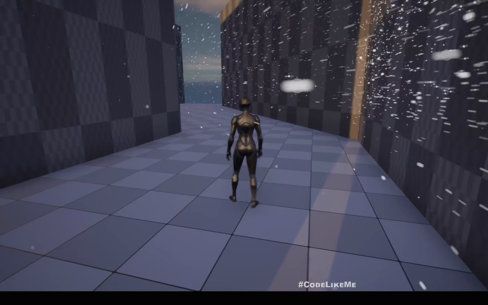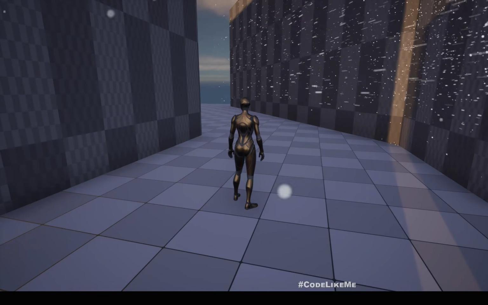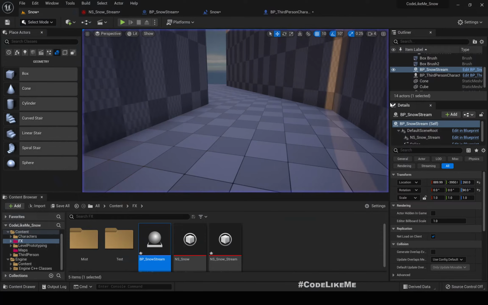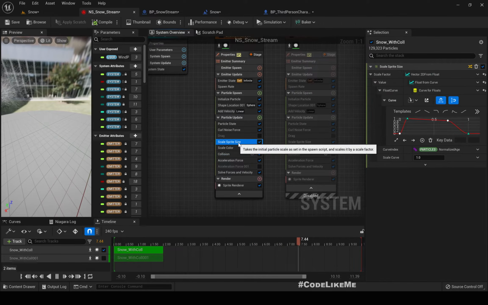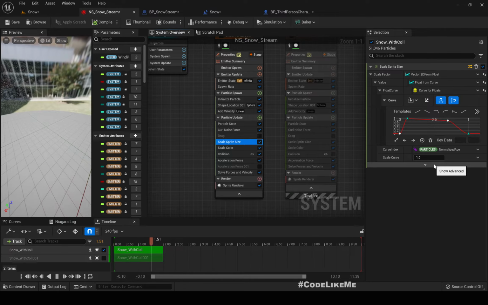And also, if we want it to be more elongated based on their speed, we can try something like this. The scale is sprite size, scale curve with normalized edge. Here we can try adding another multiplier.